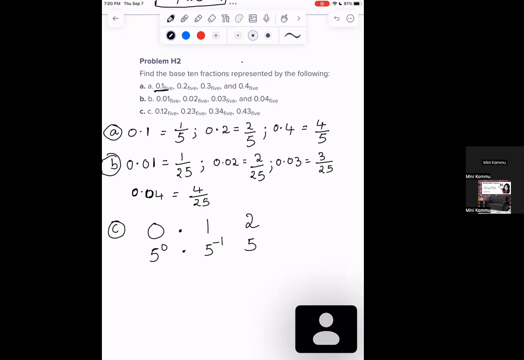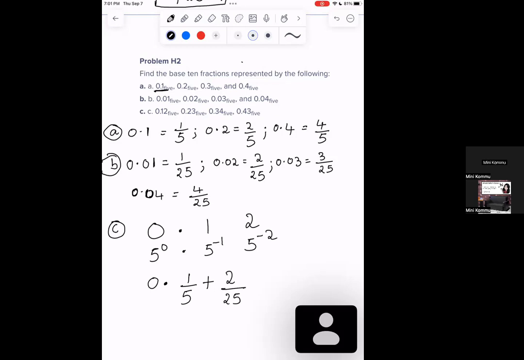I'm going to quickly write down the place value. 5 to the power of -2. 5 to the power of 0 times 0 will be 0. 5 to the power of -1 times 1, which will be what? 1 over 5, plus 5 to the power of -2 times 2, which will be 2 over 25. All right.